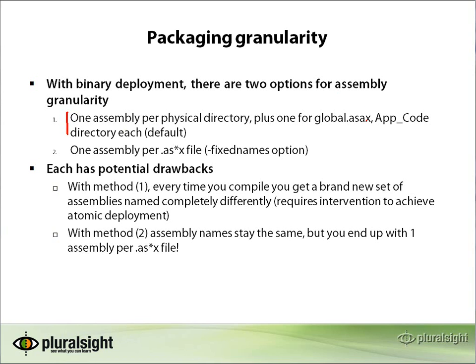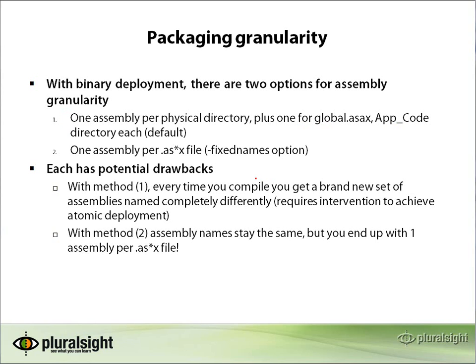Plus, you'll have a separate assembly for global.asax, and a separate assembly for app code as well. So each of those will be dropped into their own assembly. Those assemblies are going to be named something different most of the time. Now, the app code actually ends up being the same thing each time, as does the global.asax, but all of your directory assemblies will be regenerated with new names every time you update.